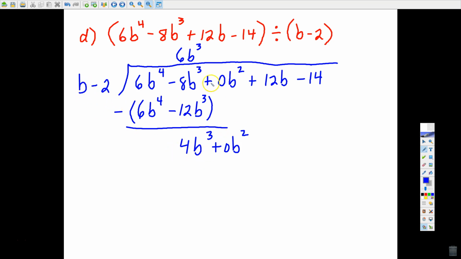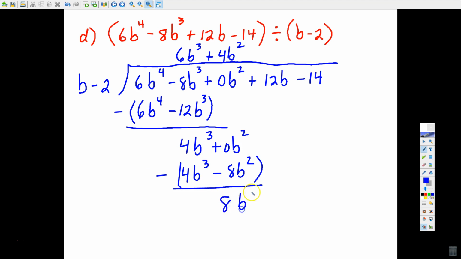b goes into 4b cubed, 4b squared times, multiply 4b squared times b, 4b squared times negative 2, subtract, b cubes will cancel, 0 minus negative 8, that's really 0 plus 8, b squared.